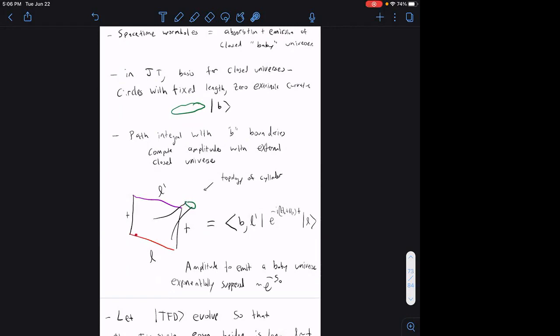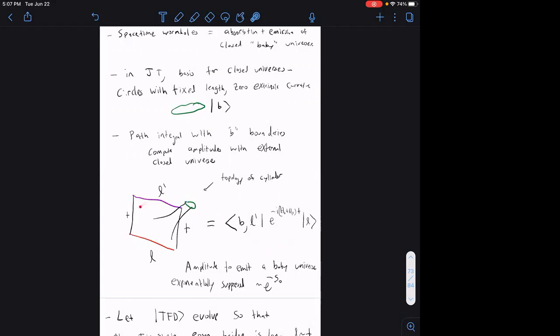This is the amplitude for one of our two-sided black holes of length L to evolve in time, end up at a two-sided black hole with length L prime, but also to have emitted a baby universe of size B. So if we integrate over all these geometries where we have these boundary conditions, we can interpret this quantity as this transition amplitude. So it's a transition amplitude between a black hole and a black hole plus a baby universe.